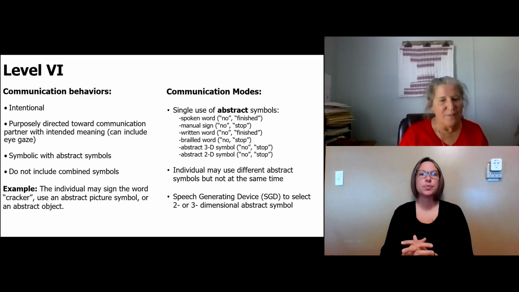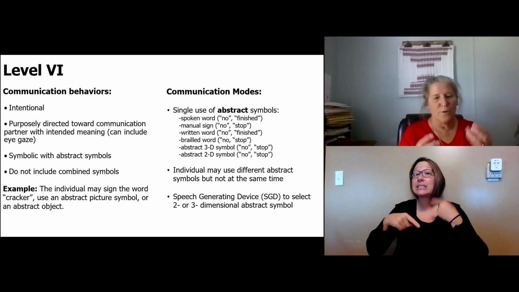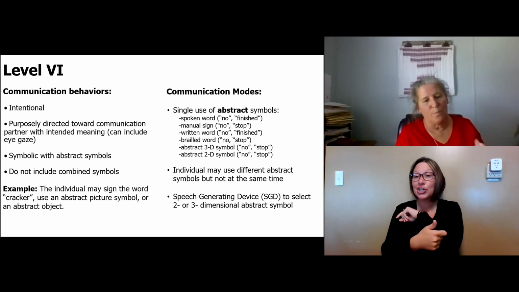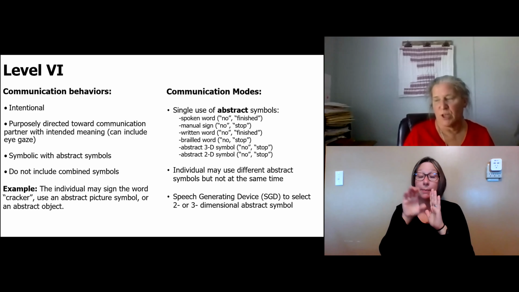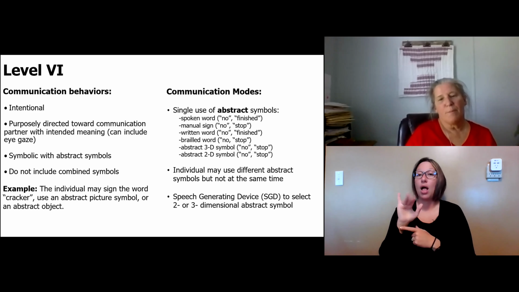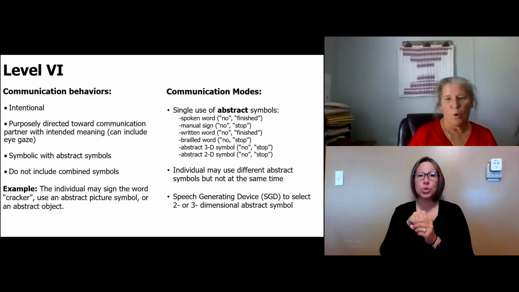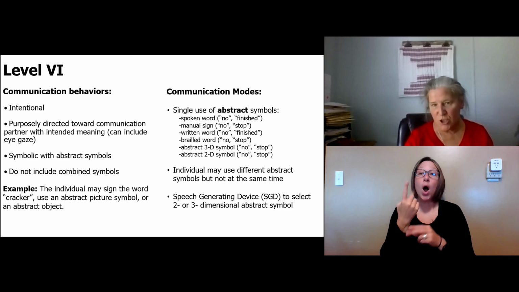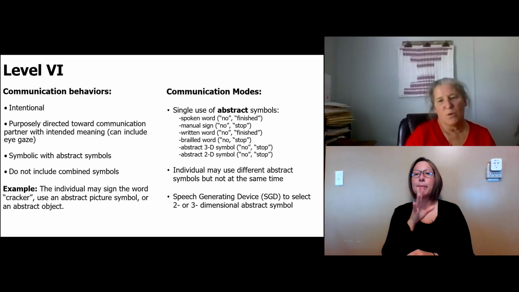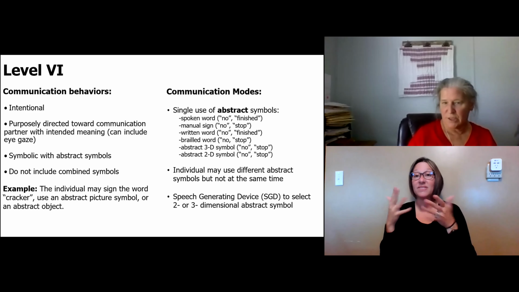They may sign the word cracker and use an abstract picture or symbol or an abstract object. So the modes may be single use of abstract symbols. So spoken word, maybe no or finished. They may use manual signs, no, stop.